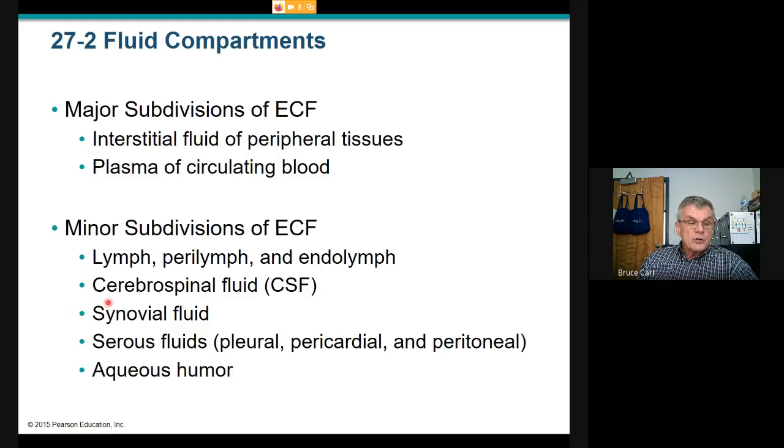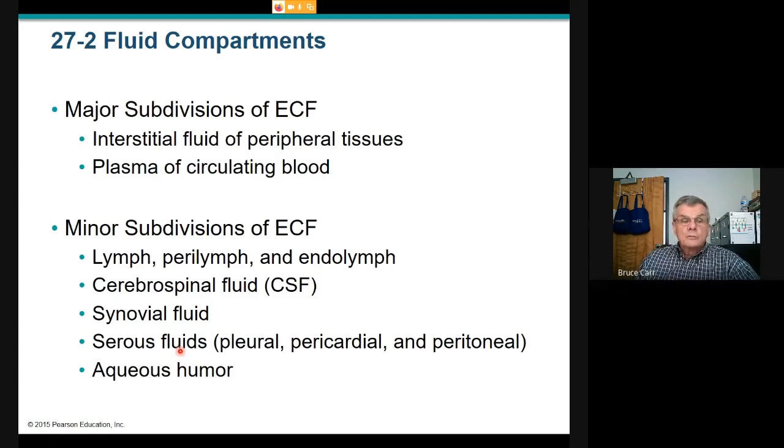Synovial fluid is present around each of our highly mobile joints, our synovial joints. And that synovial fluid is characteristic. It adds hydraulic support to each of our joints. Serous fluids are those fluids between the layers of our serous membrane. You remember those are always double membranes.